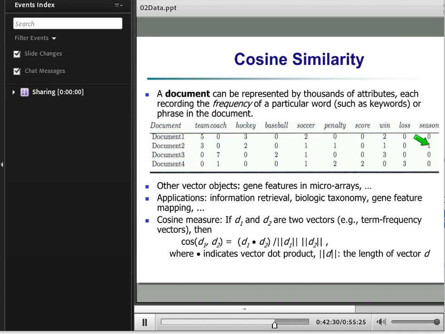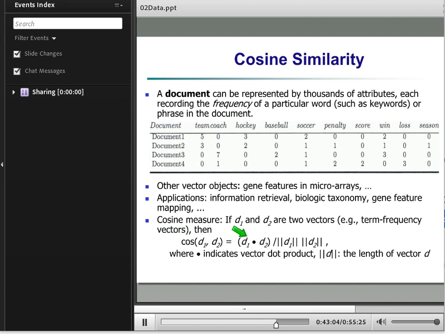Then, after creating this matrix, I have different options to calculate the similarity between documents. But one of the best and easiest ways, a lightweight algorithm, to calculate the similarity between these items is Cosine similarity.